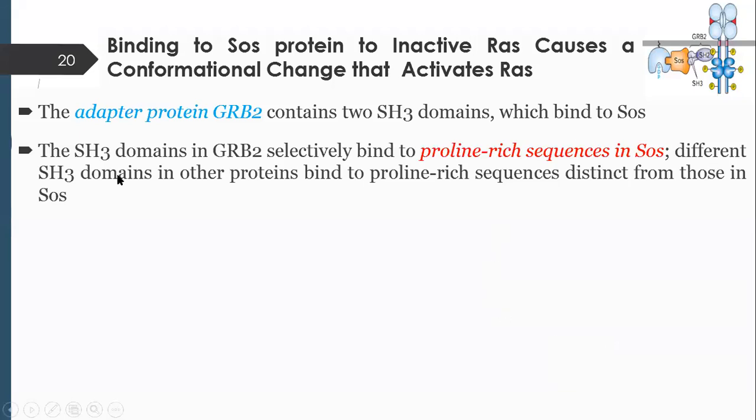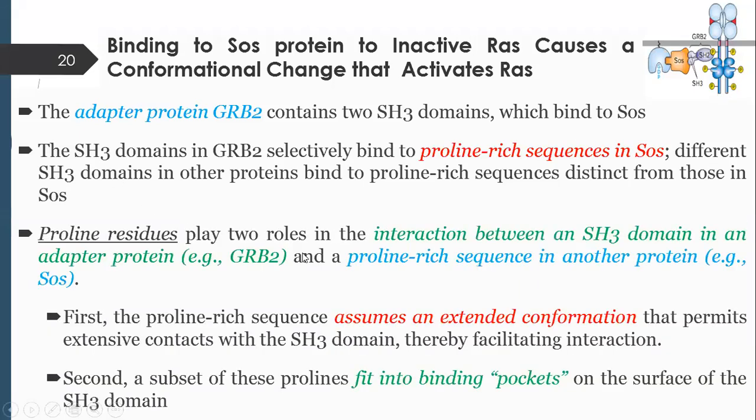So when the prolines are more, the proline will be having 2 roles in the interaction between the SH3 domain in the adapter GRB2 and Sos. First, it assumes an extended conformation. This extended conformation provides more binding for Sos. And second, this will fit in the binding pocket of the SH3 domain.